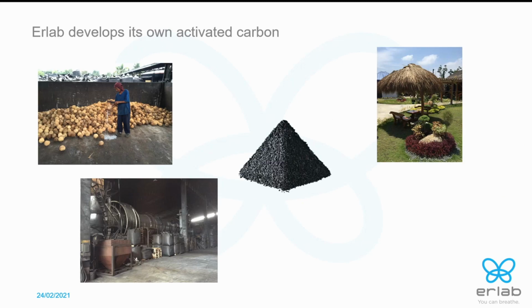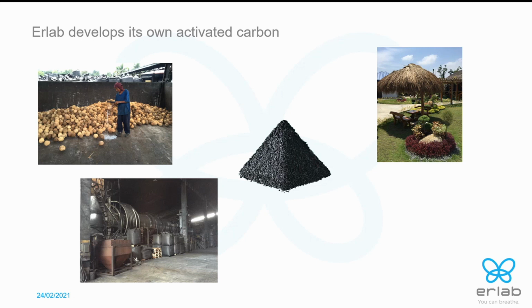So I mentioned that the standards speak about the raw material and the production of the filter. What makes Erlab very unique in the industry is that at Erlab, we develop our own activated carbon.